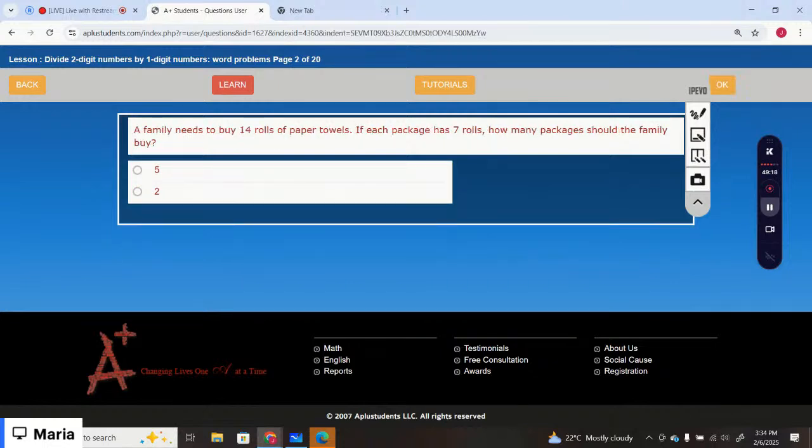A family needs to buy 14 rolls of paper towels. If each package has 7 rolls, how many packages should the family buy? So, which is the correct option?